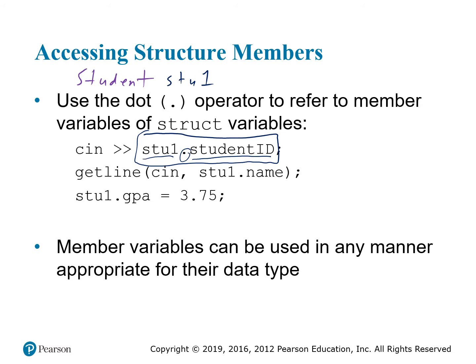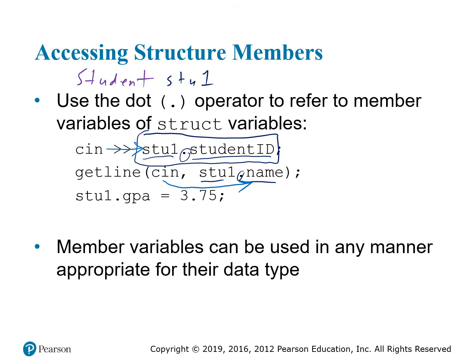So cin can take an integer from the console and stuff it into stu1.studentID. I can also then getline stu1.name, and that's going to read from cin a string that it will add to the stu1.name string variable.